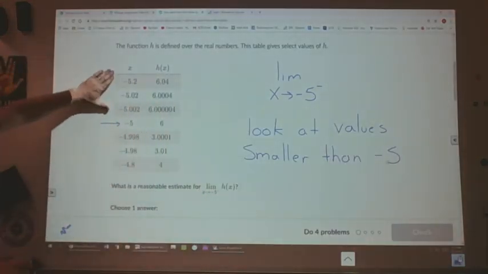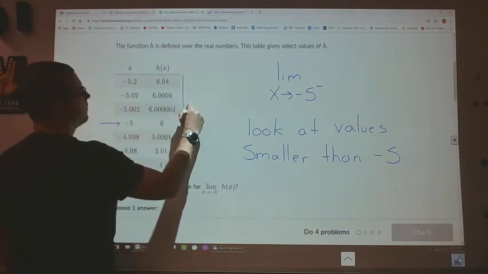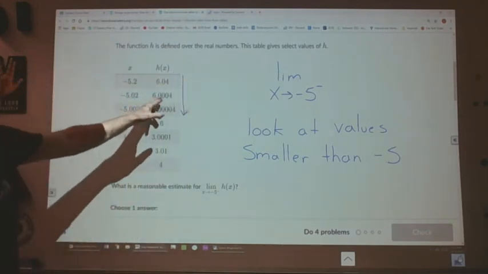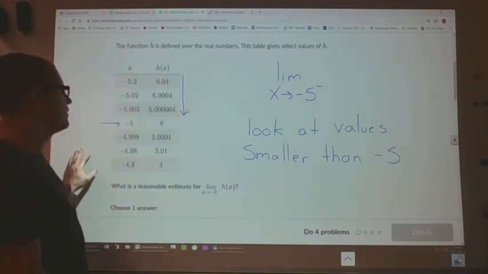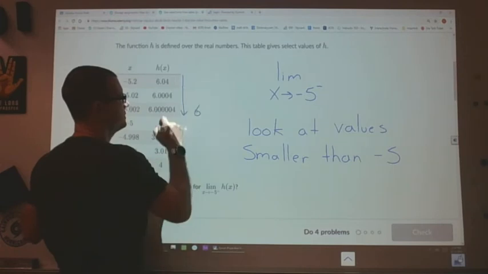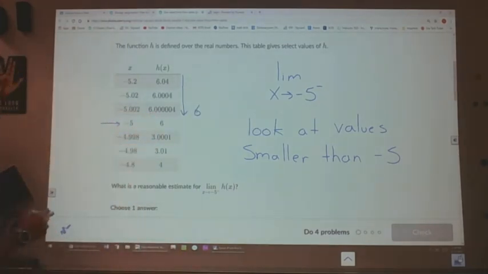So that would be these. These are the smaller values. 6.04, 6.0004, 6.00. The closer I get to -5, the closer I get to 6. So from the left, the reasonable estimate would just be 6.